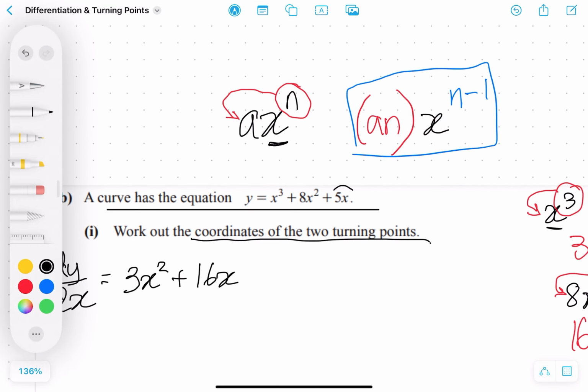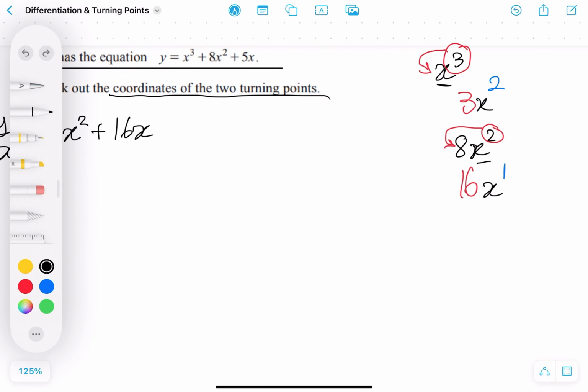And for the final one, 5x. Same thing, 5x can be written as 5x to the power of 1, since x to the power of 1 is just x. So we take this power of 1, multiply it by 5, we get 5. We keep the x the same, 5x, and we reduce the power of 1 by 1, which is 0.